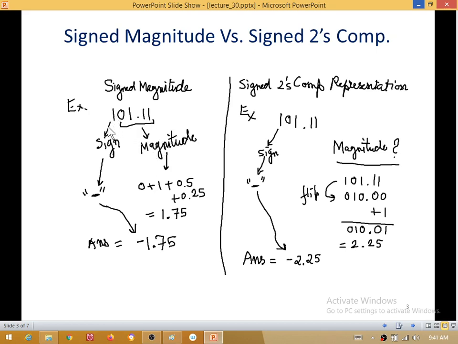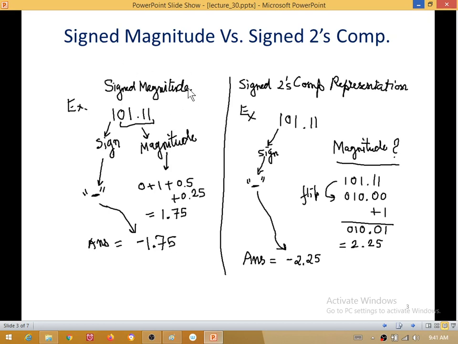So the sign is stored separately and the magnitude is stored separately. So then what is the magnitude of this part of the number? I have a 1 plus I have 0.5, I have 0.25. So effectively the number is 1.75. The magnitude is 1.75. In addition to that, the sign is saying that it is a negative number, which means the final answer is going to be minus 1.75.